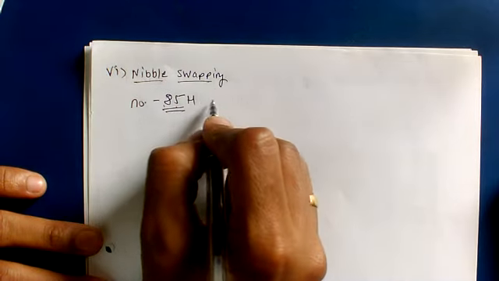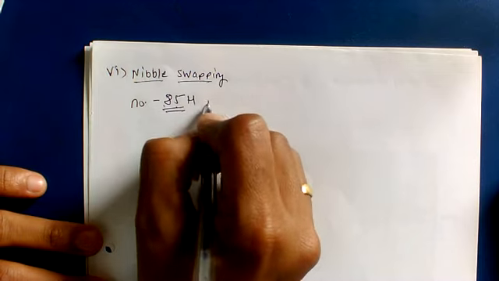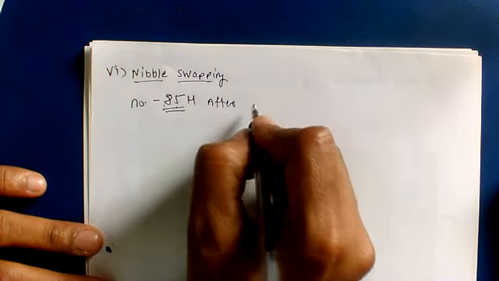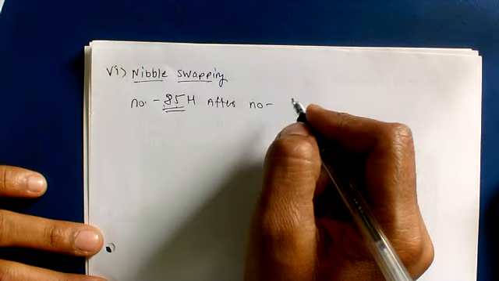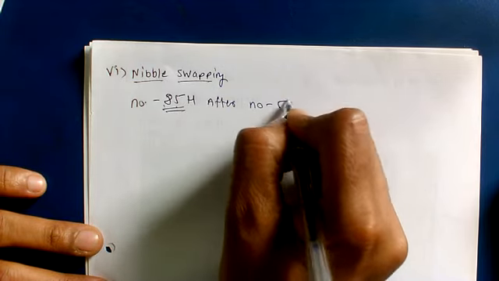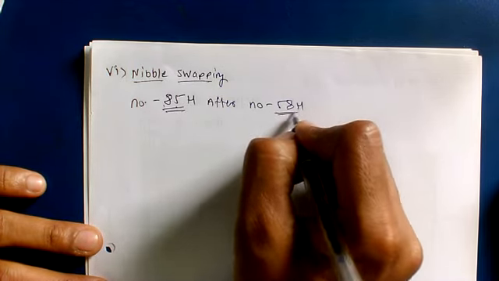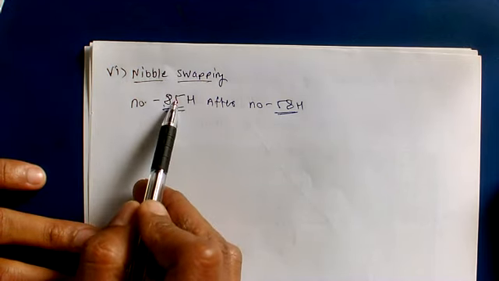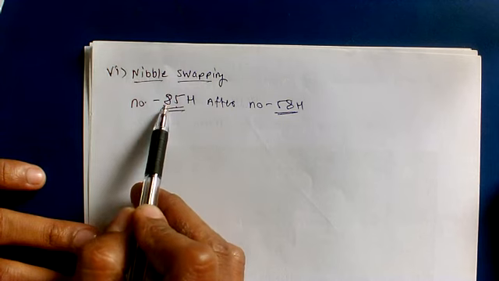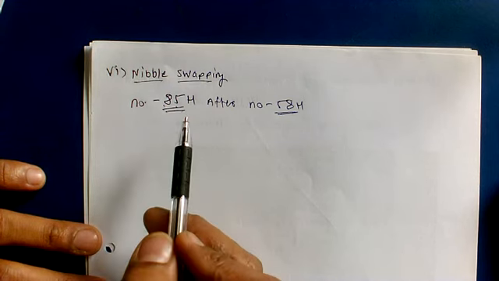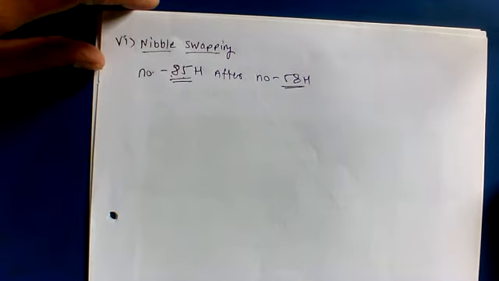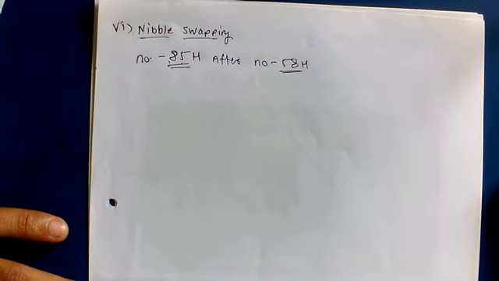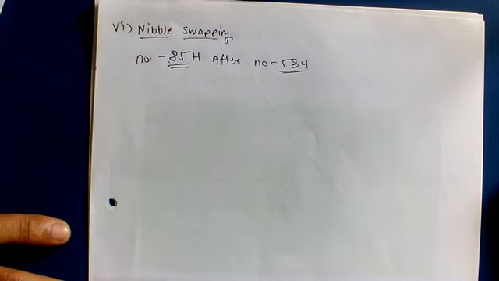That is, after the execution, the number you should get is 58 hex. 58 hex. So this 5 gets shifted up and this 8 gets shifted to the lower nibble location. Okay, so here there are two ways to write the program, by using shift instruction or rotate instruction.